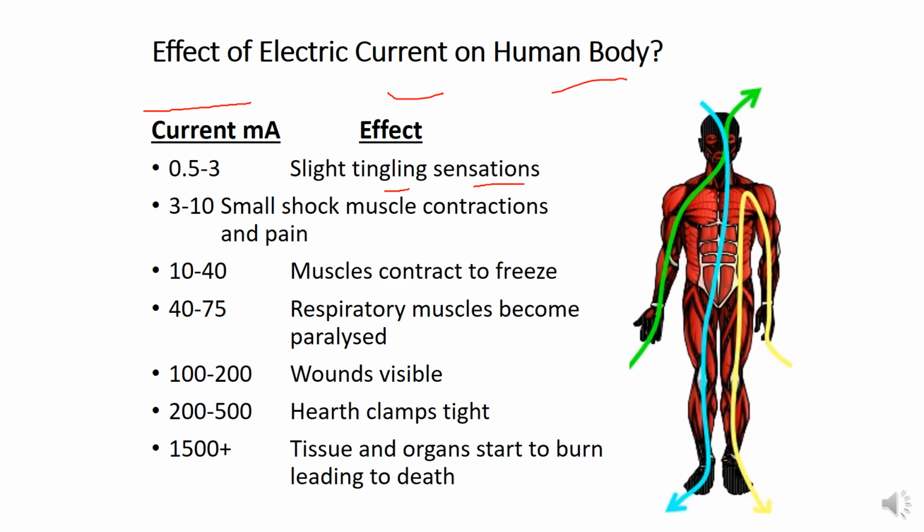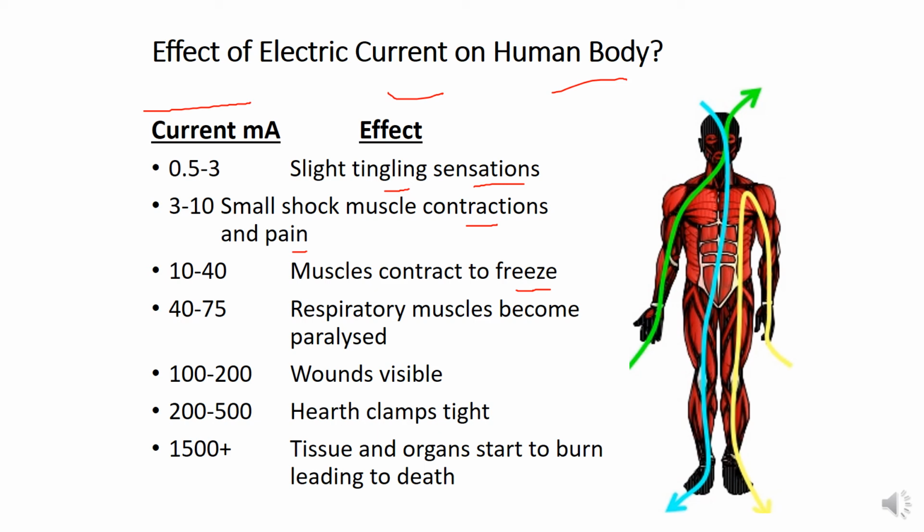If the current increases from 3 to 10 milliamperes, it can cause a small shock, muscle contraction, and little pain. At 10 to 40, the muscle contraction is higher and it can freeze the body.